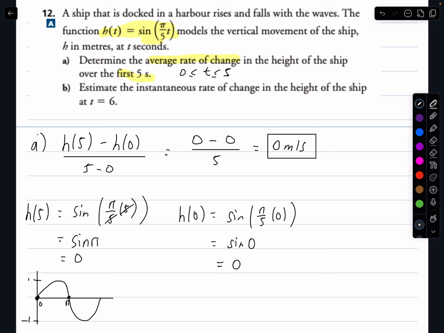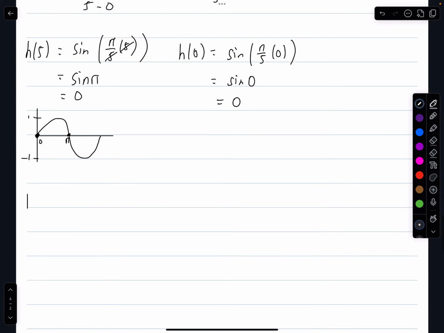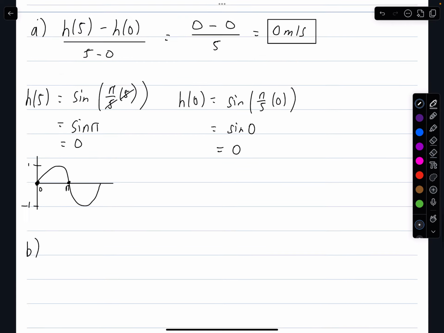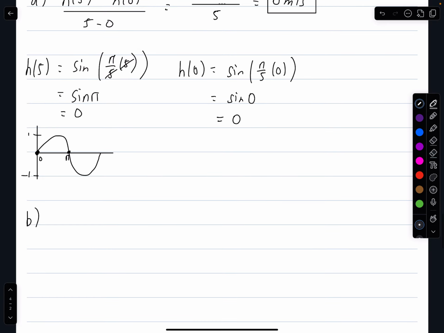Now, let's look at B. Part B is talking about the instantaneous rate of change, so IROC, at t equals 6. So we've got to remember how we did instantaneous rate of change. Remember, if it's at t equals 6, we use the centered interval method, where we take a point slightly on the right of 6, and we take a point closely on the left of 6, and then we solve like this.